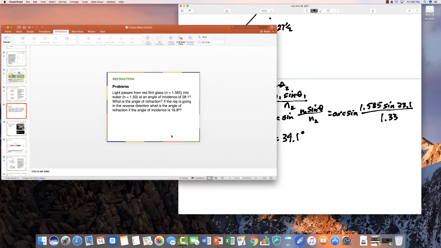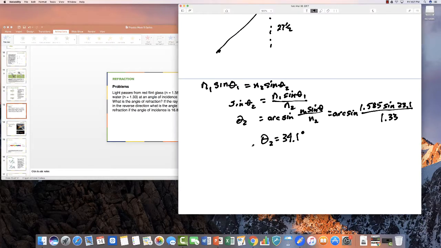Now the second part of this problem states that the ray is going in the reverse direction, and the angle of incidence is 16.8 degrees. Now it's going in the reverse direction, so the angle should get smaller instead of bigger. But the formula is exactly the same. So let's just write it down.